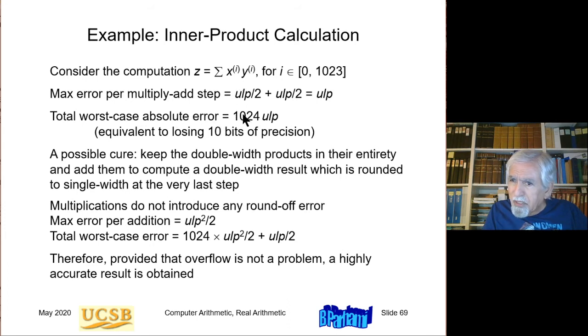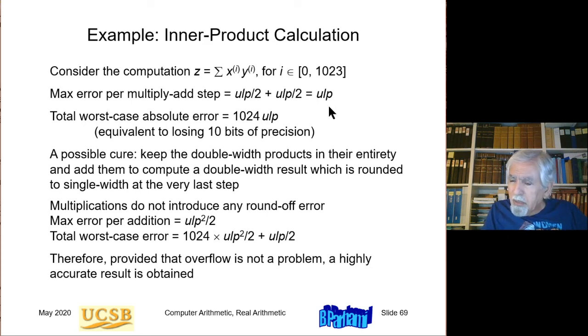Now, if the vectors are 1024 elements long, and all the errors happen to be worst case and in the same direction, you get up to 1024 ULP errors. And this is equivalent to losing 10 bits of precision. Roughly 1000 ULP is equivalent to losing 10 bits of precision. Of course, this is a worst case that may not occur, but you can't count on errors actually canceling each other out.